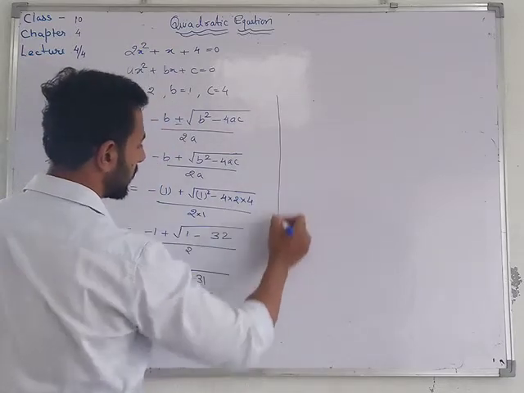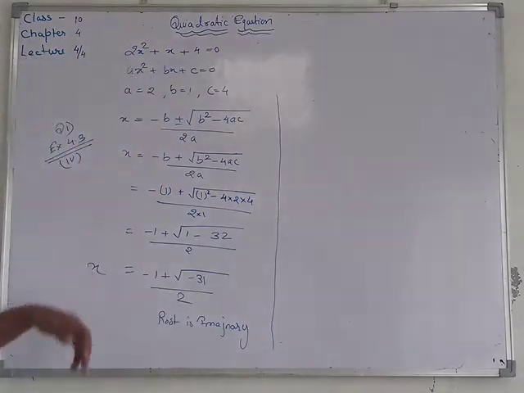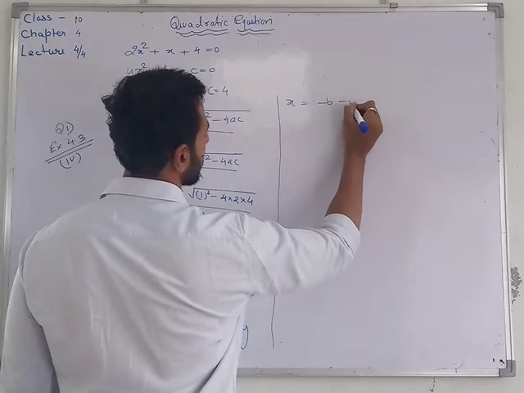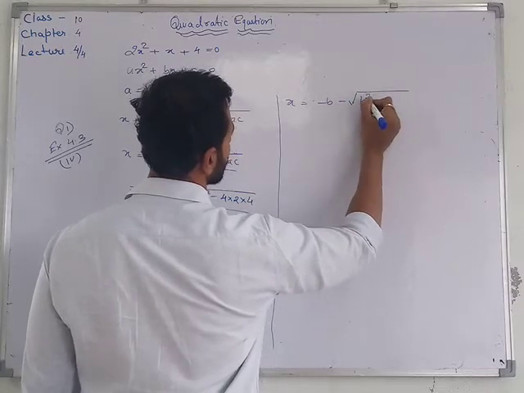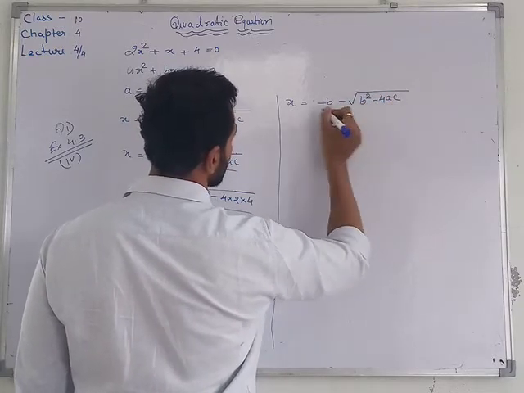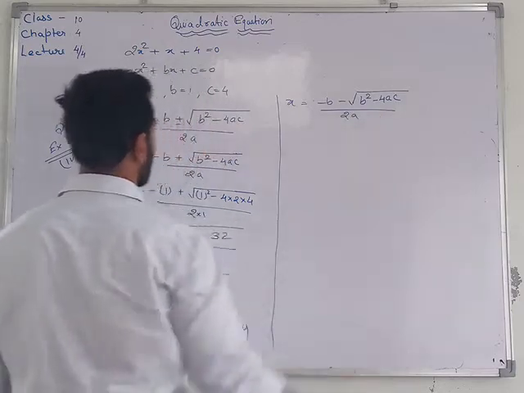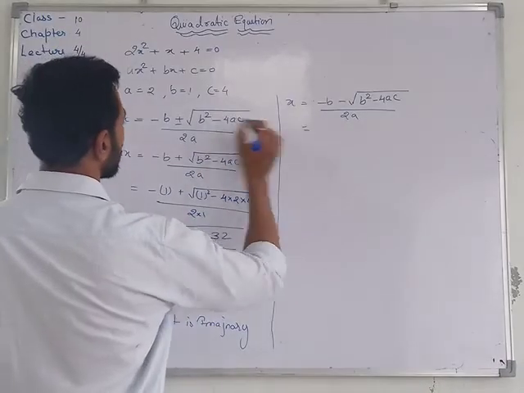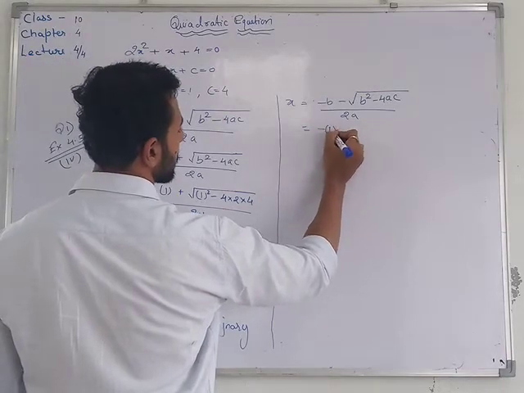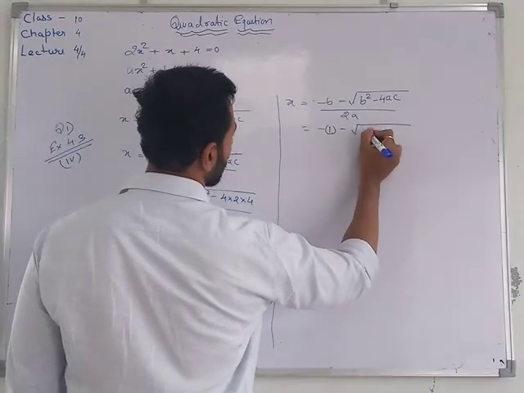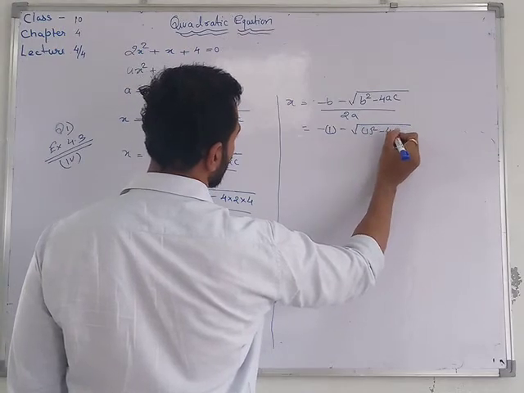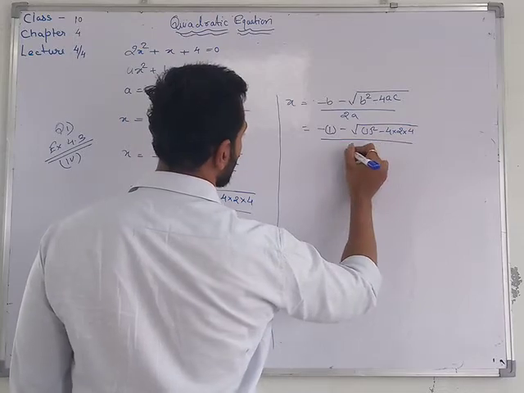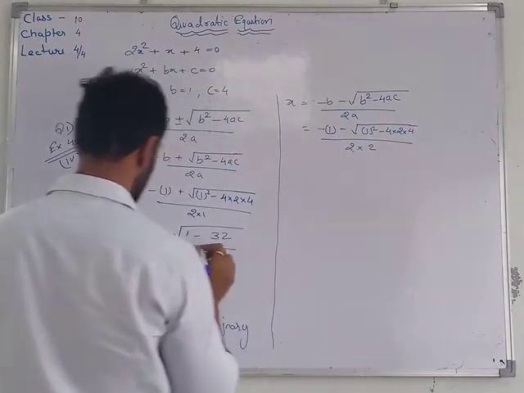Now solving for the negative sign. x is equal to minus b minus under root of b square minus 4ac upon twice of a. Substituting the values here, minus b is minus 1, under root of 1 square minus 4ac, a is 2, c is 4, upon twice of a, which is 4.